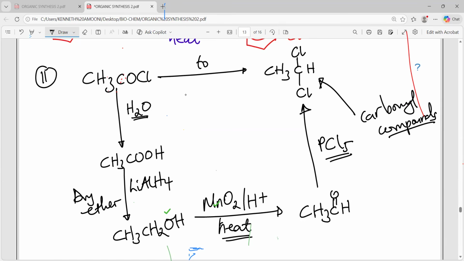Look at the final product, see where it is coming from, and through the series of reactions that you have studied in organic chemistry, arrange your work logically and come up with the final product. That is number 11.